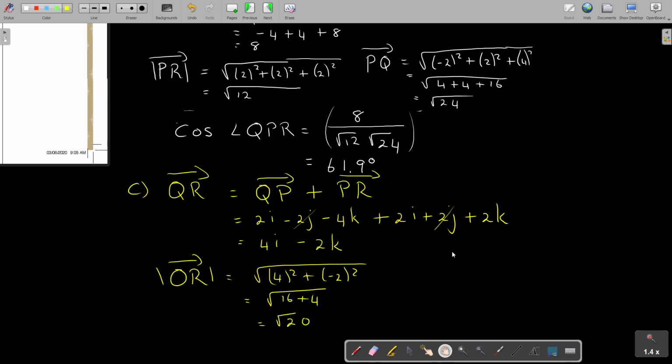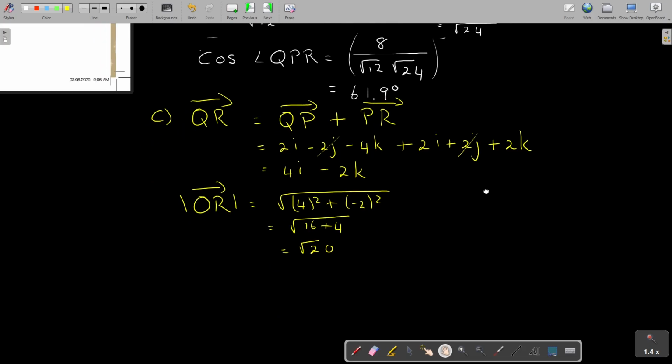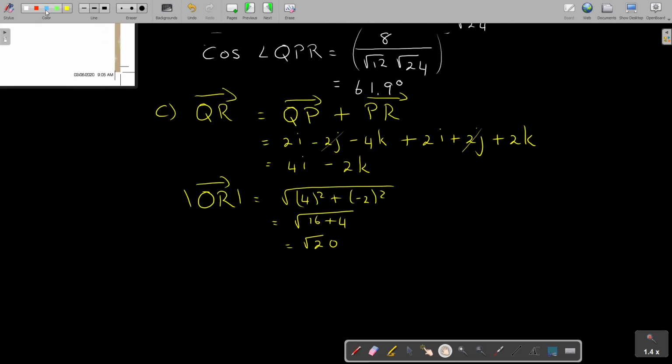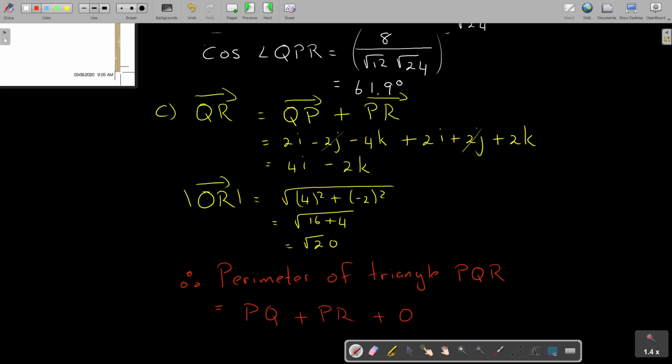So I'm just going to say, therefore, the perimeter of triangle PQR is equal to PQ plus PR plus QR.